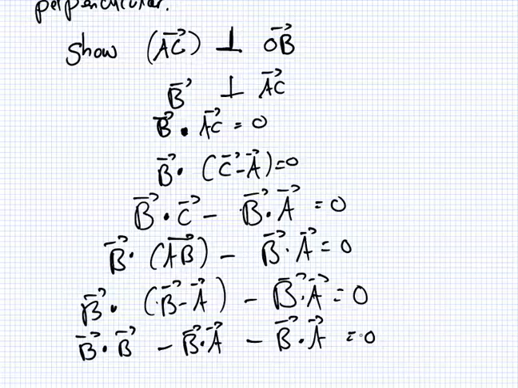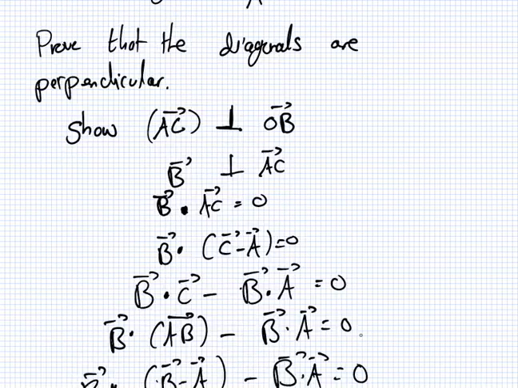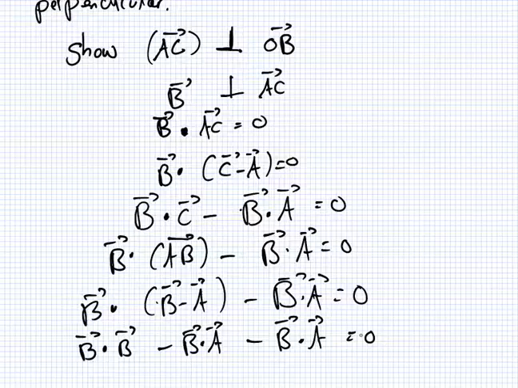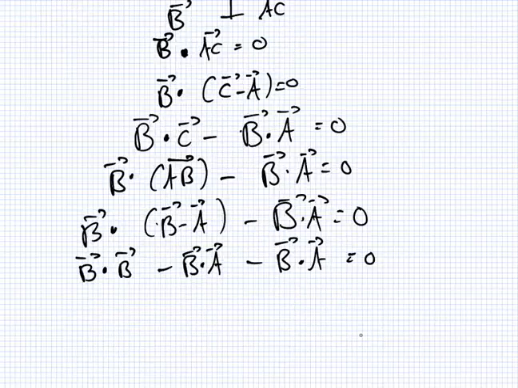So B dot AC, B dot C minus A, B dot C minus B dot A. C is the same as, oh, I think I wrote something wrong. Did I? C is the same as AB? Yes, I did, which is B minus A. Now we need to clean this up a little bit more.